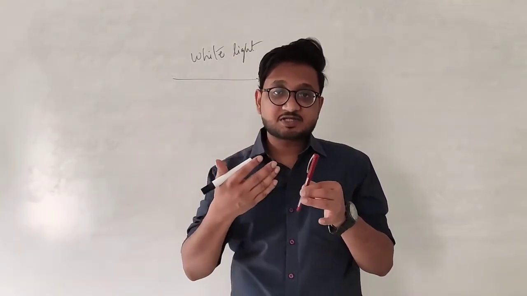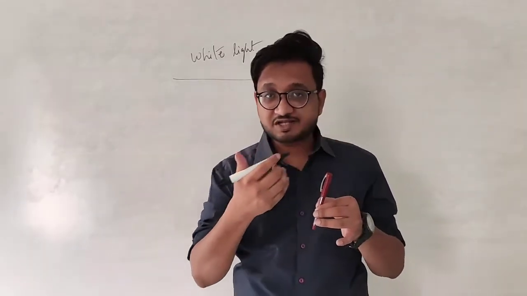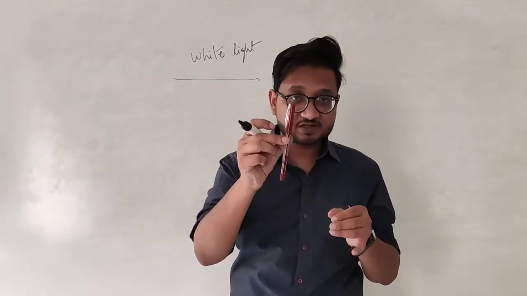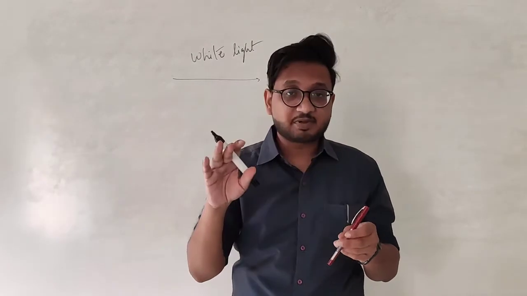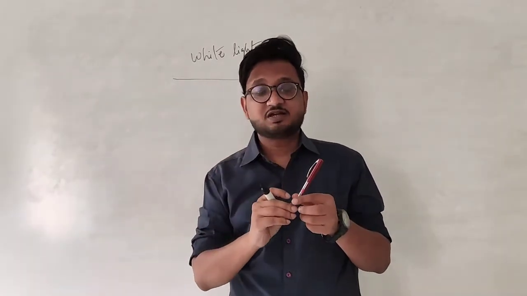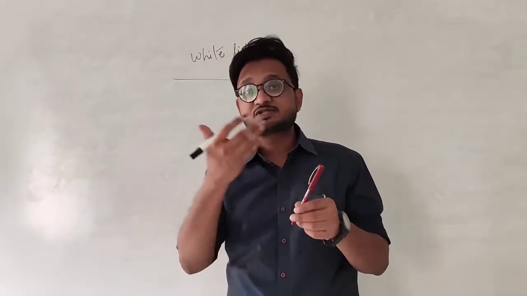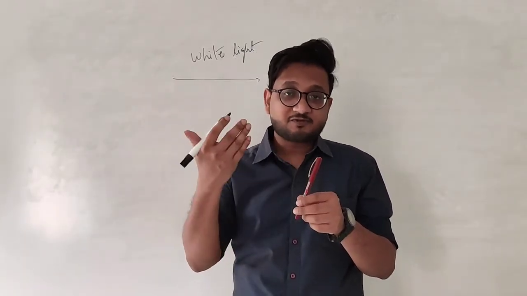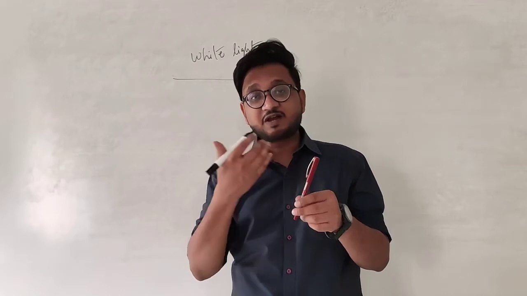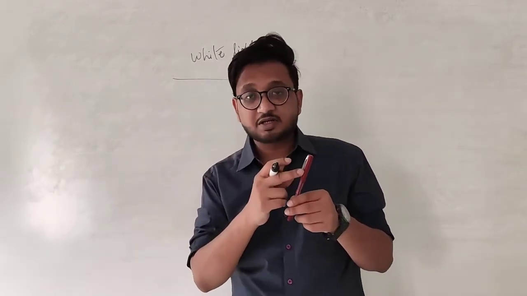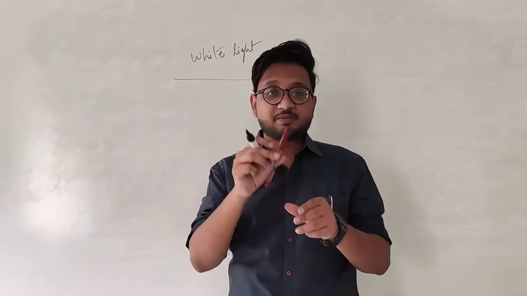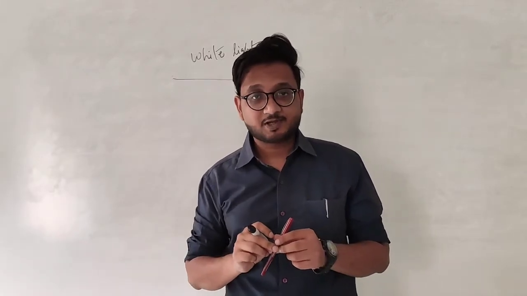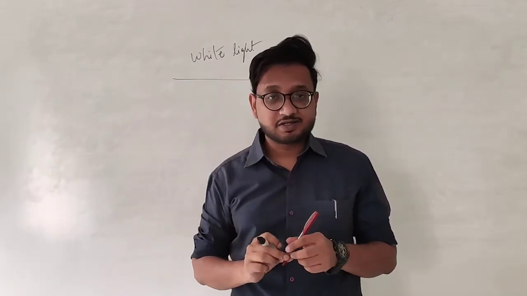If it is a transparent surface, it passes through and refraction happens, but if it is an opaque surface like this, not just a plain mirror, any surface reflects and bounces back the light. So on this pen, the white light is incident, it reflects back, and this particular color enters my eyes and I am able to see this object, of which particular color it is.